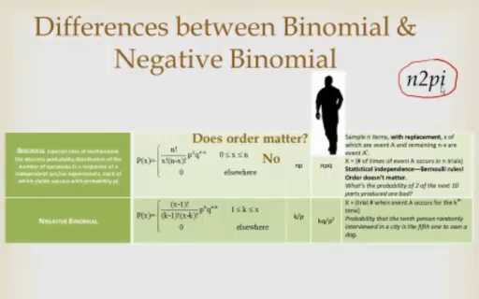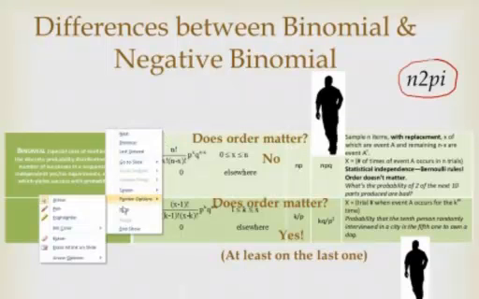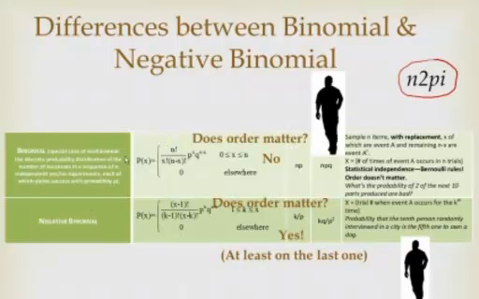Now, does order matter for negative binomial? Well, yes, at least on the last one. But before that, Bernoulli does apply. So that gives you just a little perspective of how the two different distributions look a little bit different, but are actually similar in many different ways.